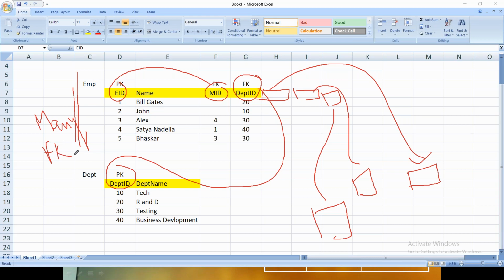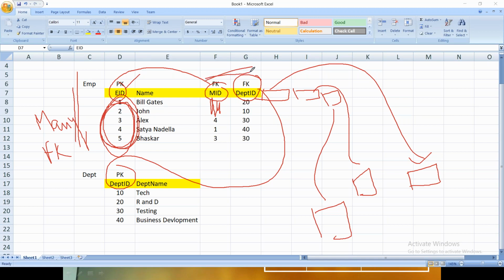Many foreign keys. But one table can have only one primary key. A primary key will not allow null values. Foreign keys will allow null values. A primary key allows no duplicates and no null values. Clear? One table can have only one primary key, but many foreign keys.